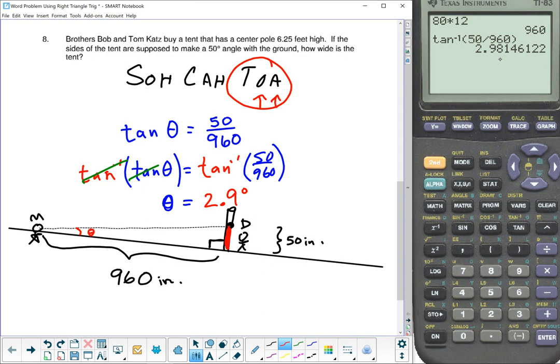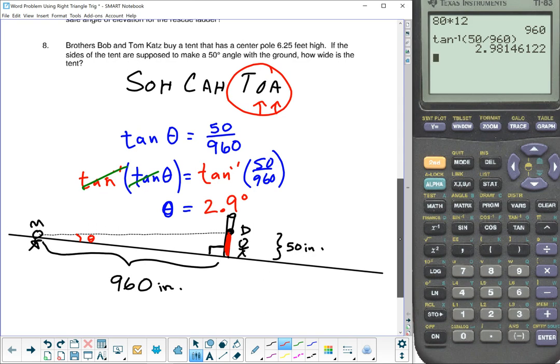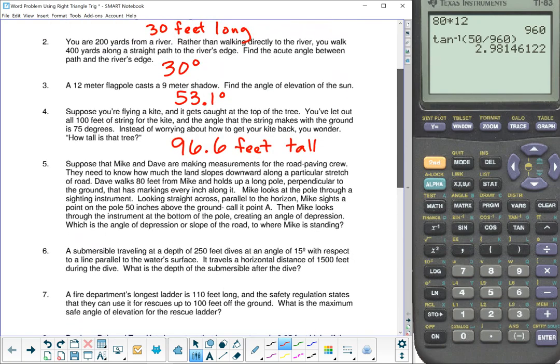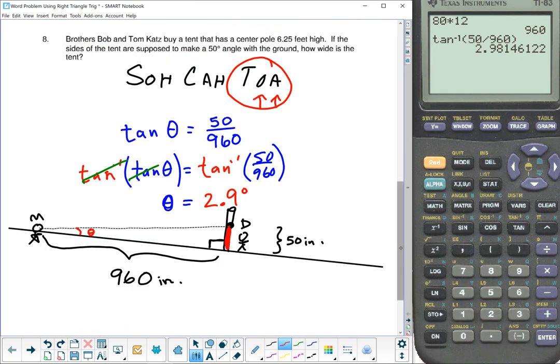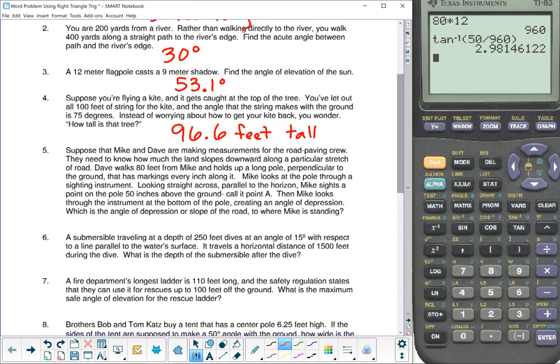If you use the 8 and you round the 9 up, then you get 3 degrees. So it's up to you. I'm going to stick with 2.9 degrees. All right, so the angle of depression is 2.9 degrees.